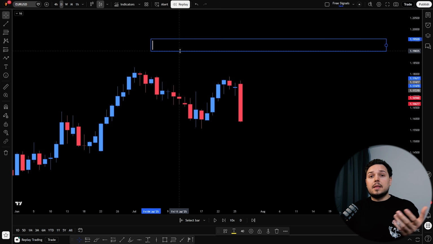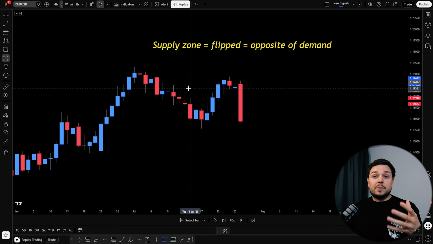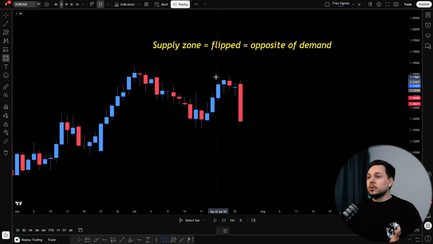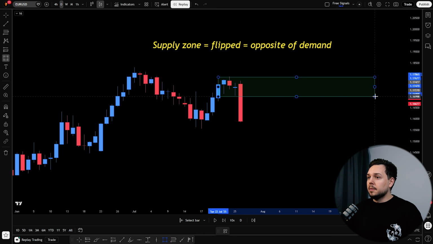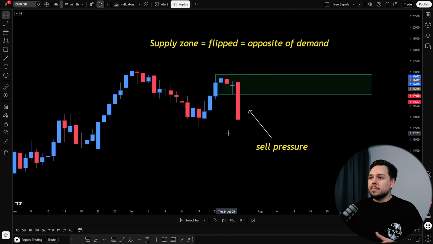After we understand the demand zone, we need to have a look at the supply zone. The supply zone is flipped. It's the opposite of demand, right? And because it's the opposite of what we did with the demand zone, you can probably spot the supply zone, which would be here. So why does this zone work? Big selling actually happened over here.